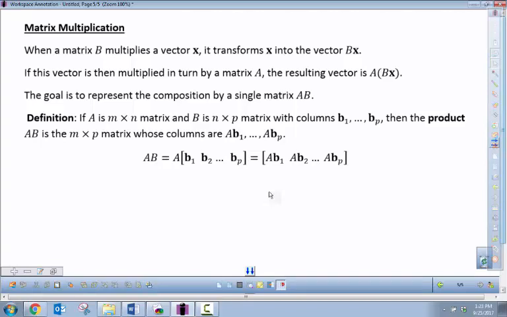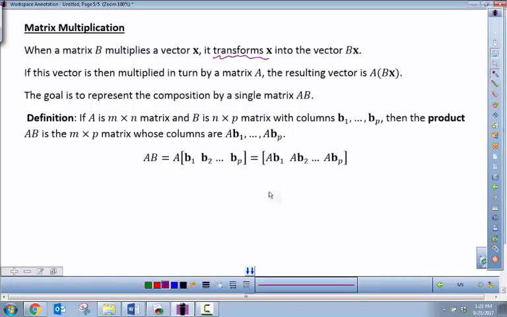So it says here, when a matrix B multiplies a vector X, it transforms X to B of X. We're going to look back at the end of last chapter, when we were doing transformations.